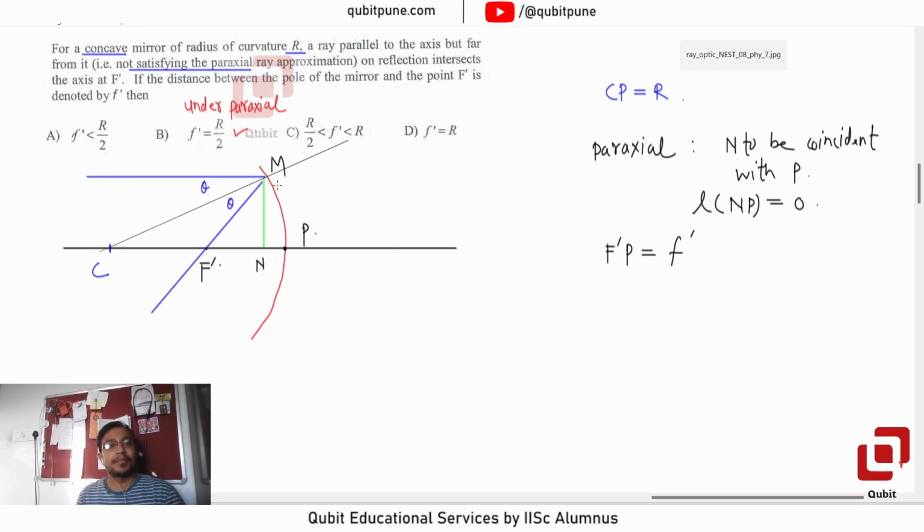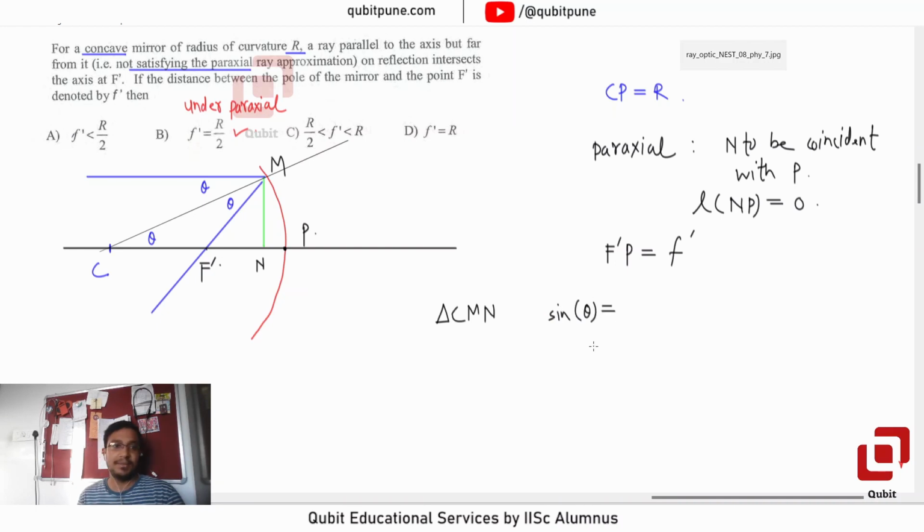Look now, let us first consider triangle CMN. What will be this angle? This angle will also be theta, because this is parallel to axis, so alternate angles. Can we get an expression for sine theta from that?